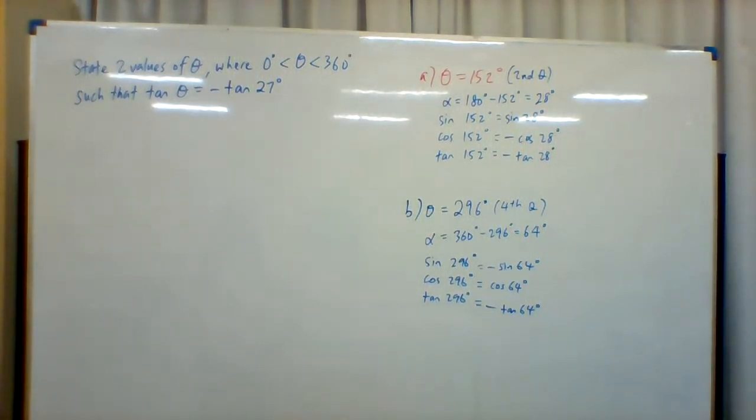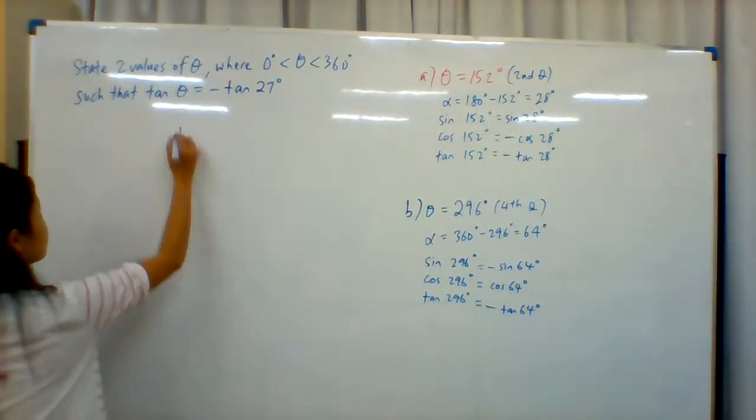Okay, always look at the question. 0 to 360, meaning they could be in any of the four quadrants, right? And then they say tangent theta equals to negative tangent 27. So you know that 27 is your basic angle. Okay? And tangent negative, which quadrant is tangent negative?